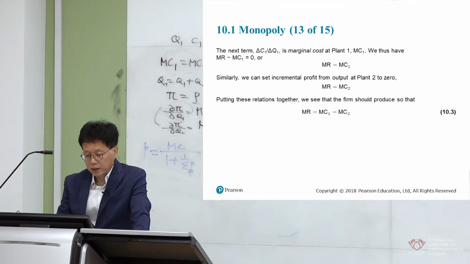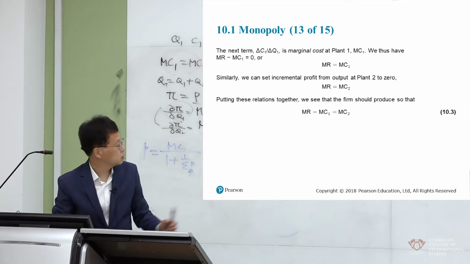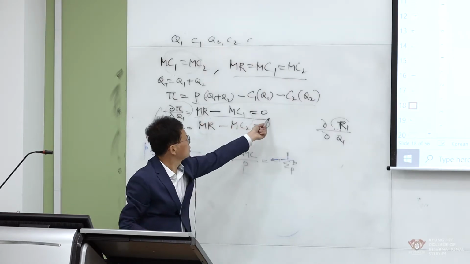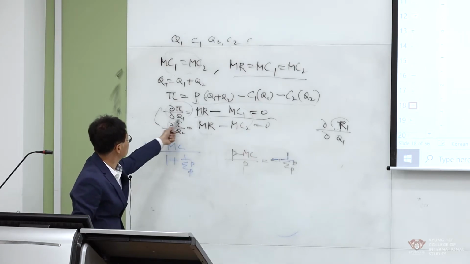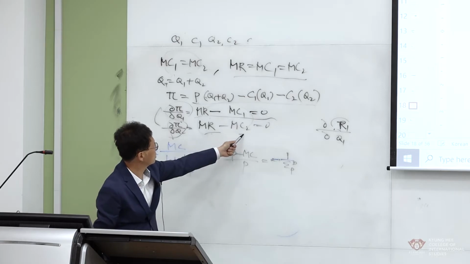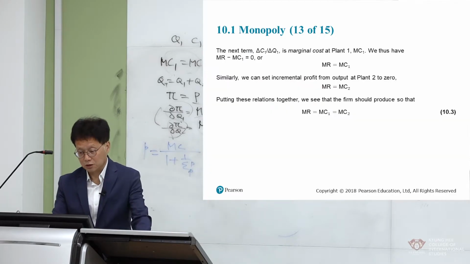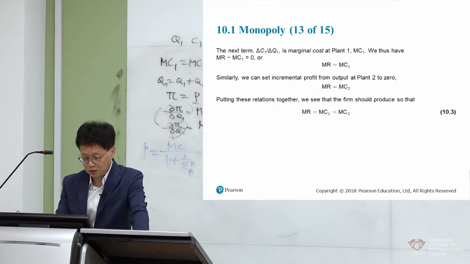So marginal revenue minus marginal cost 1 is equal to 0. Similarly, from the other, we get marginal revenue minus marginal cost 2 is equal to 0. Putting these relations together, we see that the firm should produce so that marginal revenue equals MC1, and this is also equal to MC2. That is equation 10.3.